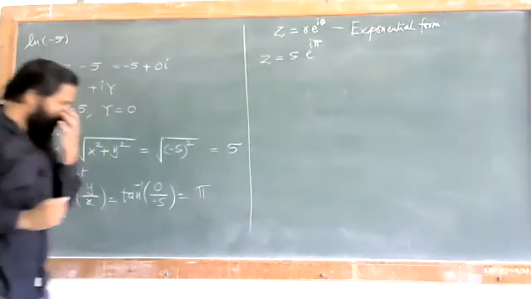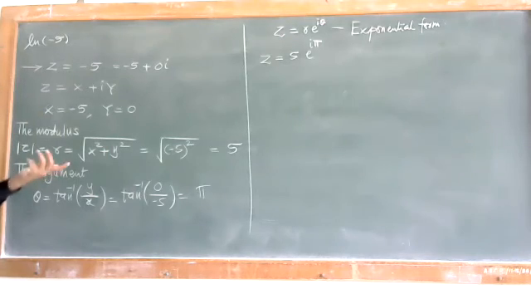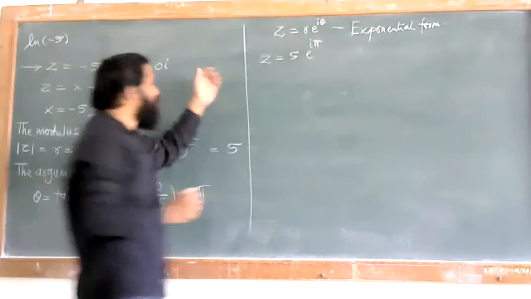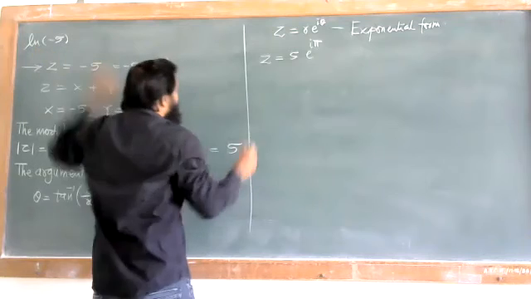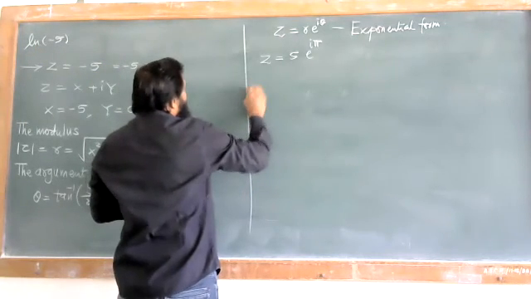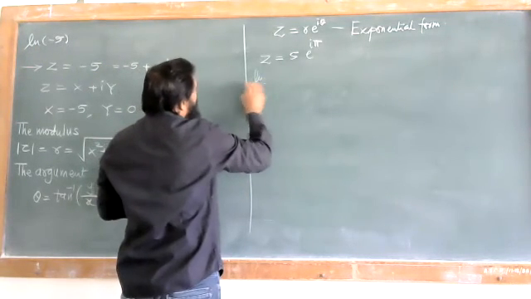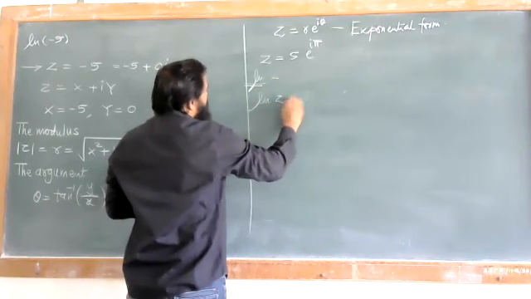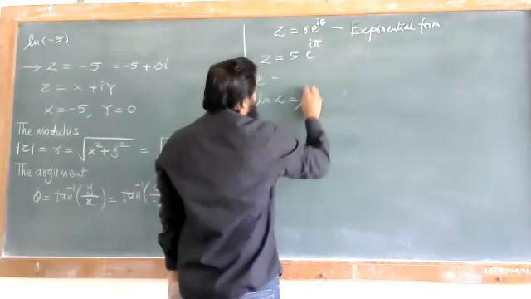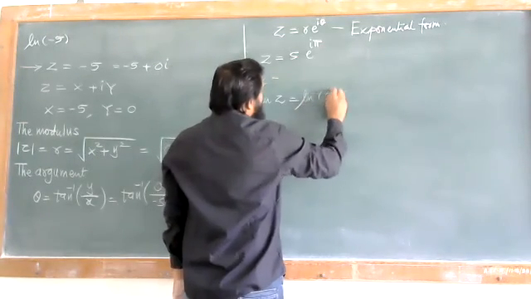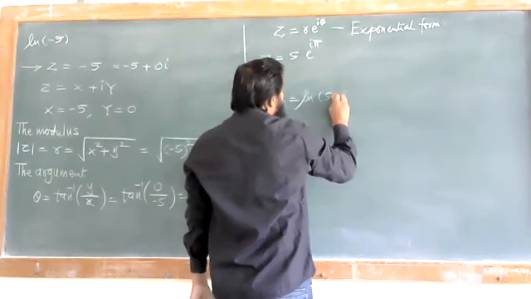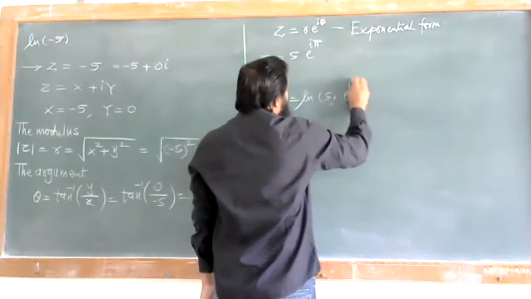Now what is z? z is nothing but minus 5. We have to find out the natural log. So by taking natural log on both sides, ln of z is equal to ln of 5 into e raised to i times pi.